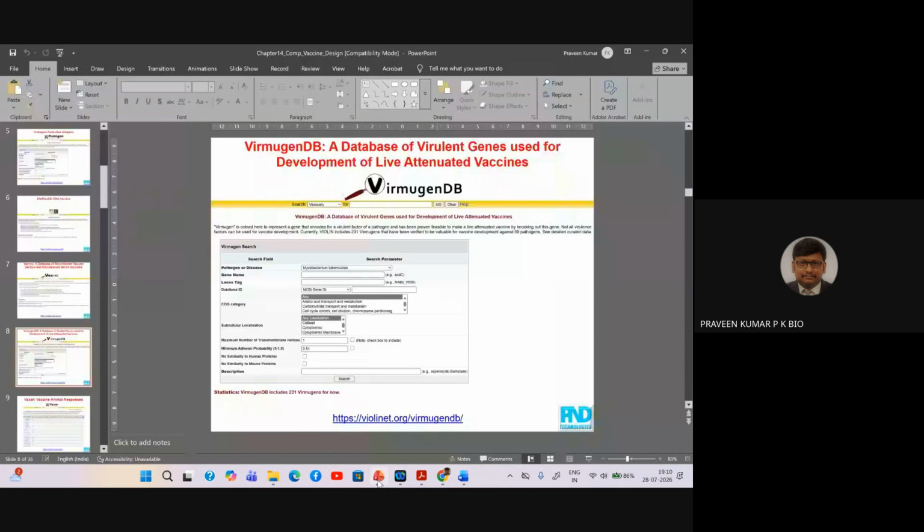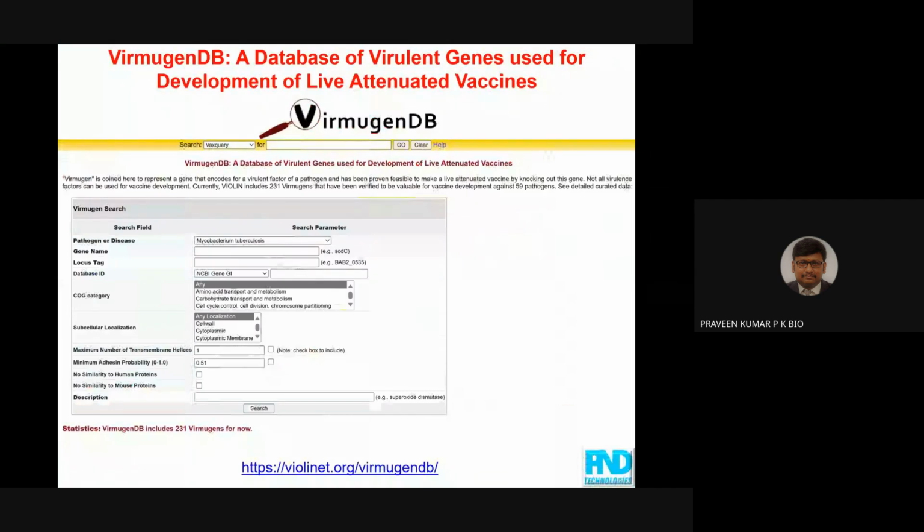Let me take you to the PowerPoint. I was explaining something on the virulent genes. In the live attenuated vaccines, you heard about the types of vaccines: live attenuated vaccines, killed vaccines. If you want to make viruses inactive, how can we do it? Either use heat treatment or a chemical treatment so that the virulent genes present in the virus are silenced and won't get activated.